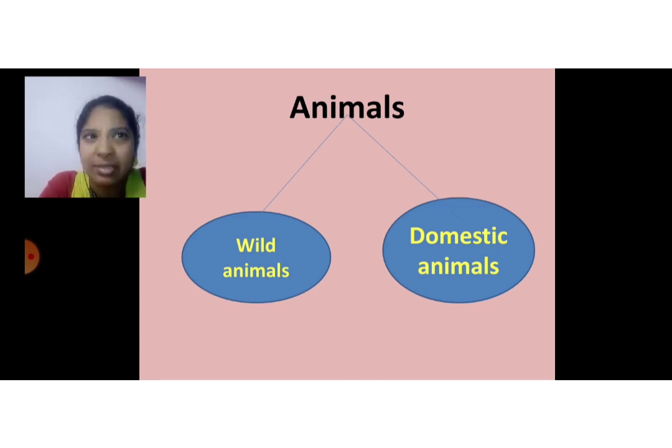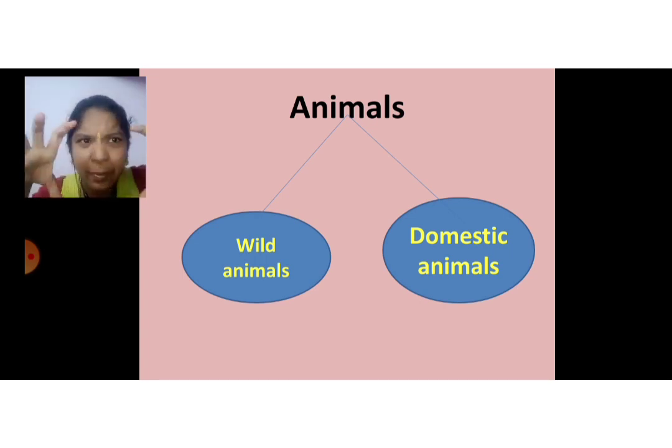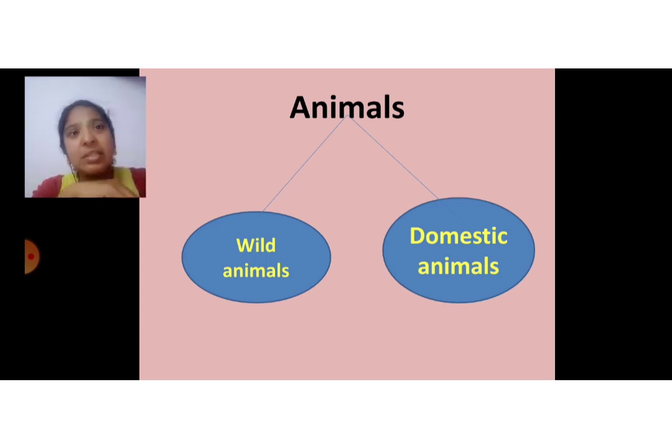Now animals can be classified into two types: wild animals and domestic animals. What is the difference between a wild animal and a domestic animal? The animals which live in the forest and kill other animals and eat their flesh are called wild animals.